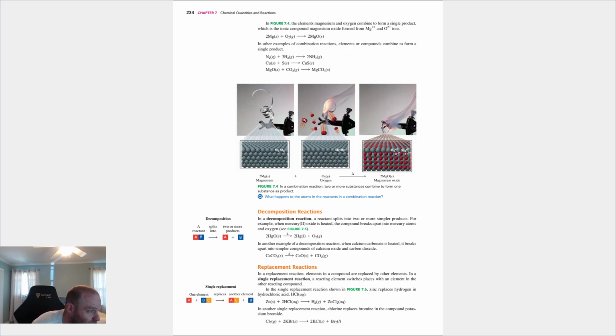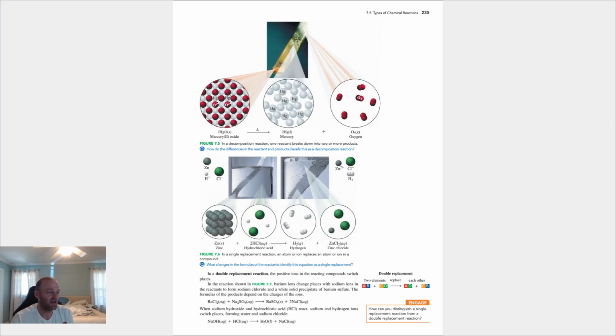I've only moved one reactant in the equation, versus a double replacement where you'll see like sodium hydroxide, hydrogen chloride. I've switched chlorine over to the sodium, and I've also switched a hydrogen over to the hydroxide to make water. So 2 different items are being swapped.